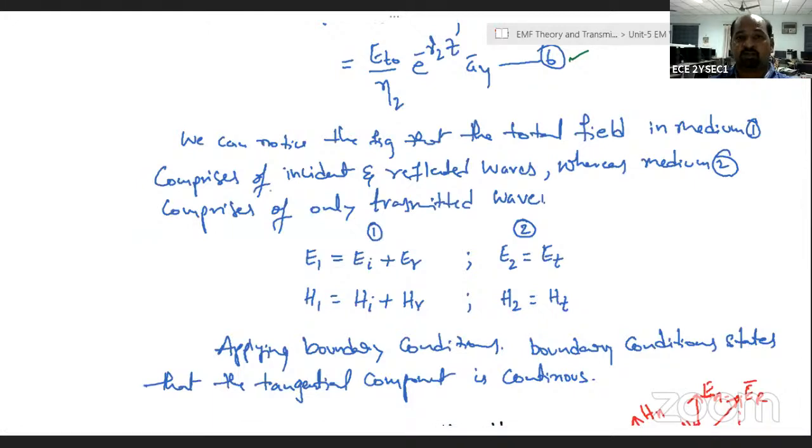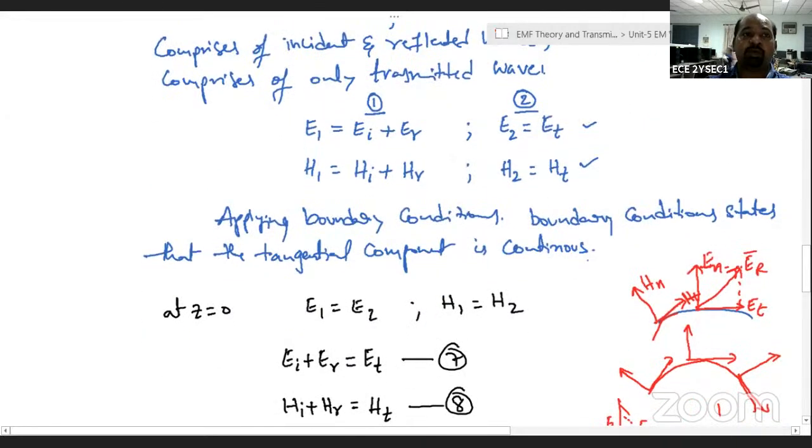So in region 1, the total electric field is EI plus ER, and the total magnetic field is HI plus HR. In region 2, the total electric field is the transmitted electric field, and the total magnetic field is the transmitted magnetic field.